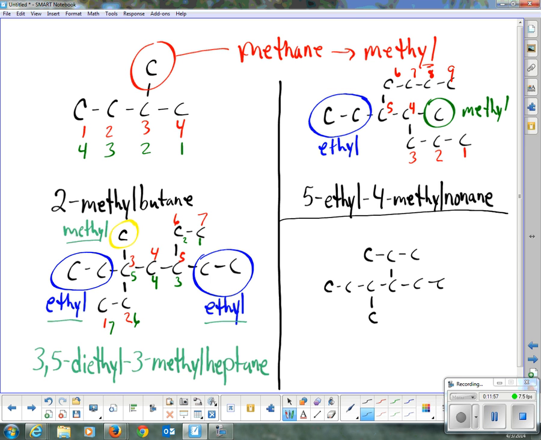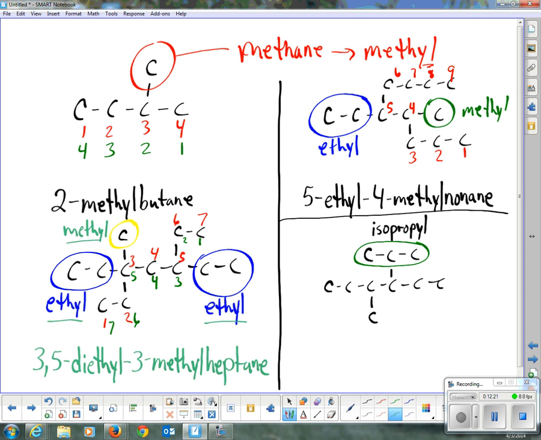Ooh, this one's tricky. Now, in your book, there's a page where it tells you about what happens if it doesn't attach on the end of a chain. So this right here is isopropyl, this attachment right here, if that's not part of my longest chain.